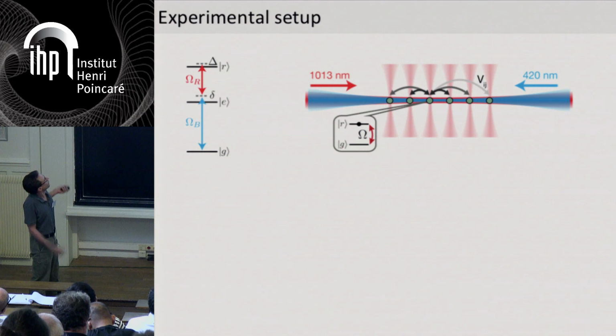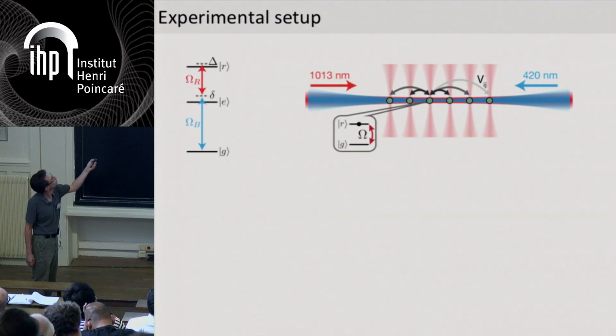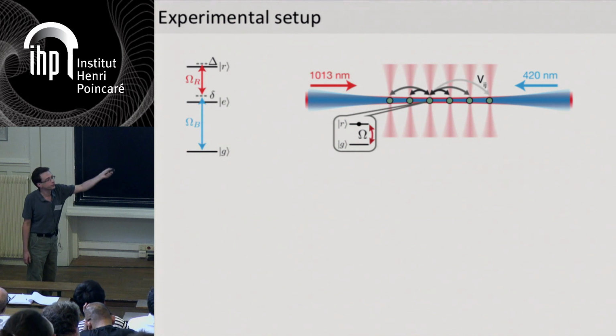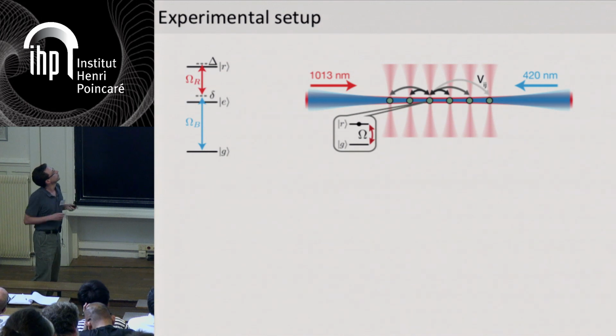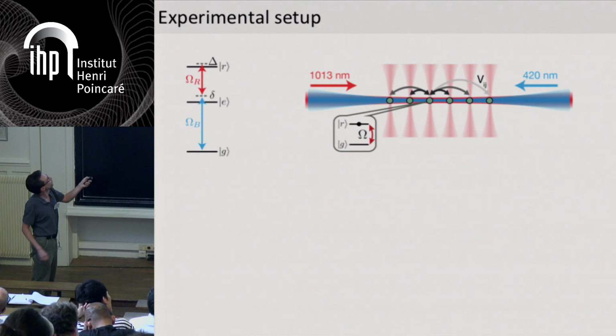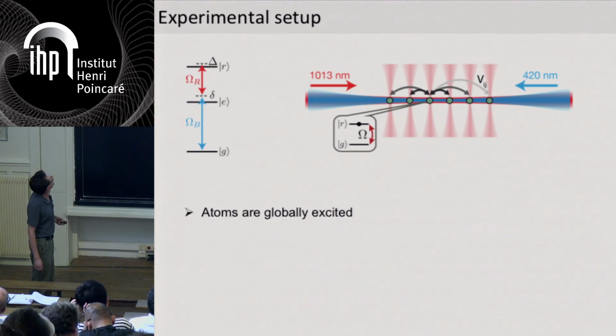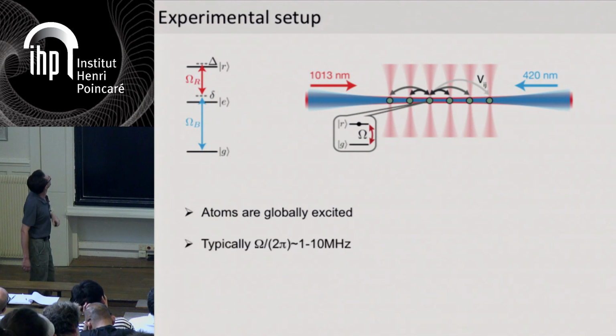All right, so in practice, we couple the ground state atoms to a Rydberg state with a 2-photon transition using some intermediate level, by shining 2 counterpropagating laser beams along the axis of the atom array. The idea is that all atoms see the same Rabi frequency coupling the ground state to the Rydberg state, so they are globally excited.